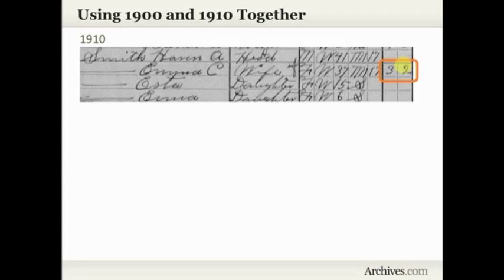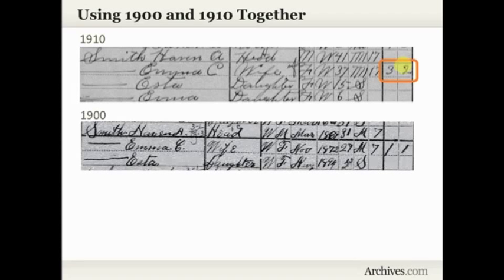If we look at the same family in the 1900 census, we see that Emma in 1900 had 1 child, and that child was living. So if we put this information together, we can now narrow down the date of death for that child.